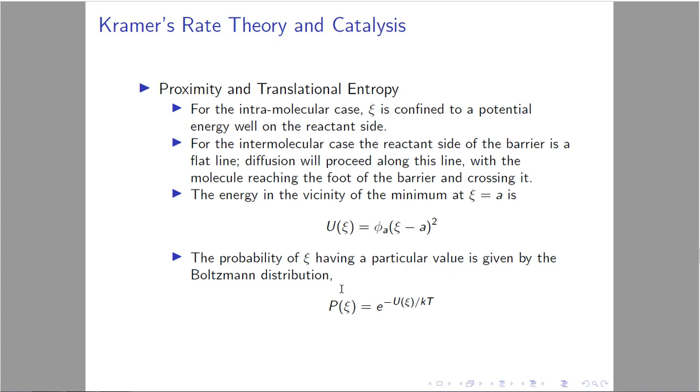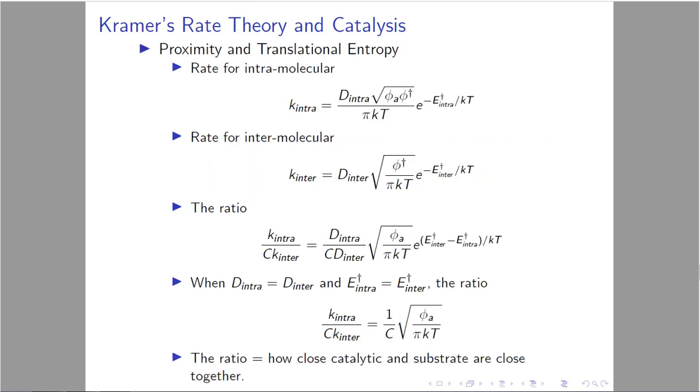So the probability becomes P(psi) equal to exponential of minus U(psi) over kT. Okay, so the rate for intramolecular, k_intra, equal to this equation, and the rate for the intermolecular reaction, this equation. So the ratio is k_intra over k_inter. So we're going to get this equation.